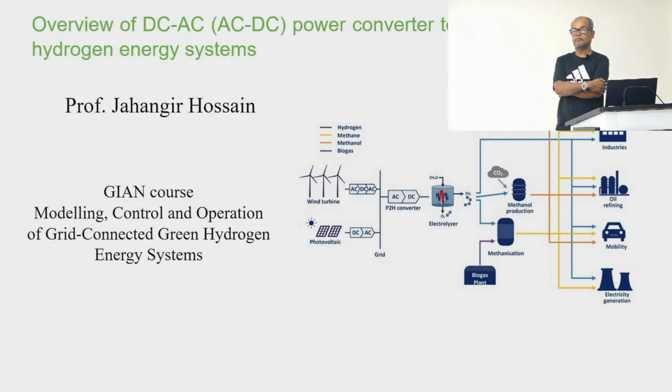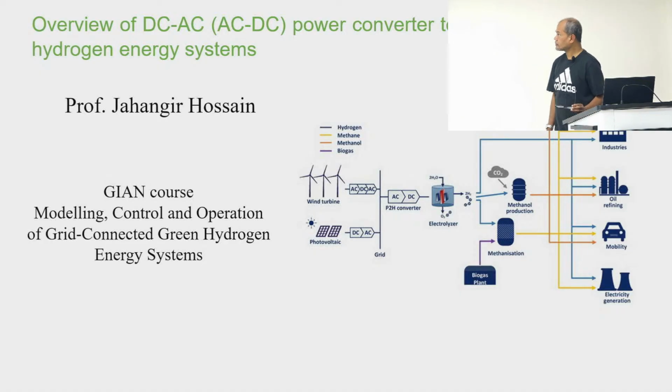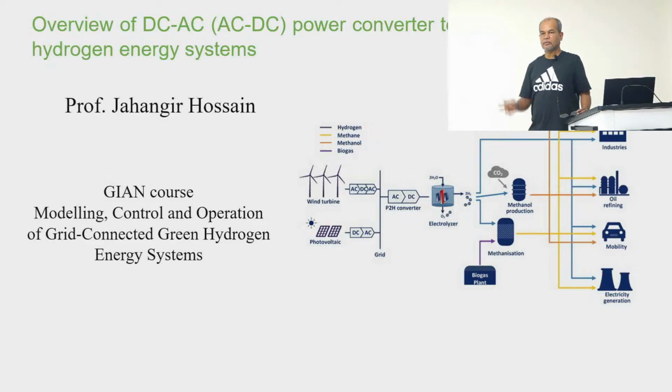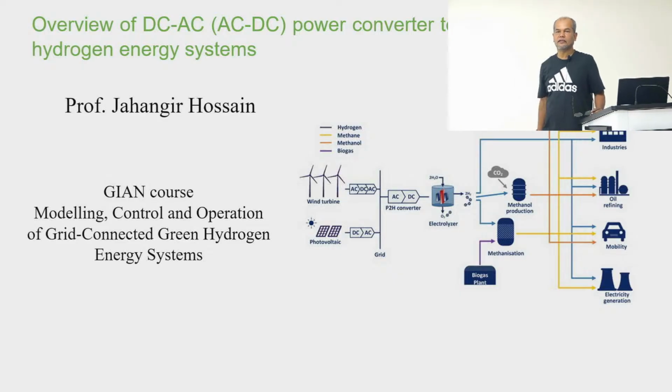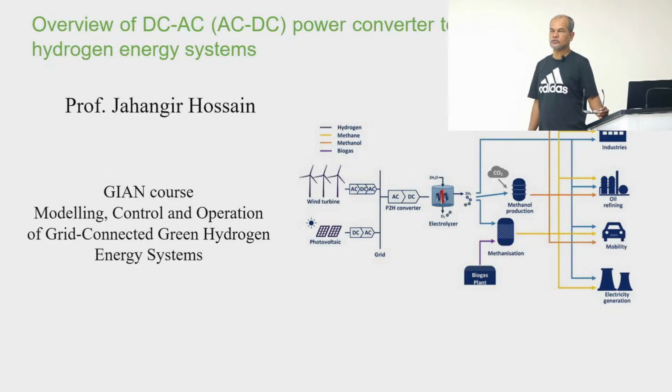So yesterday we talked about DC to DC converters. If you remember, DC to DC converters are used in both cases, the electrolyzer as well as the fuel cell, right? But DC to AC or AC to DC is not used in both cases, unless you have other renewable generators. For the fuel cell, we produce DC output.